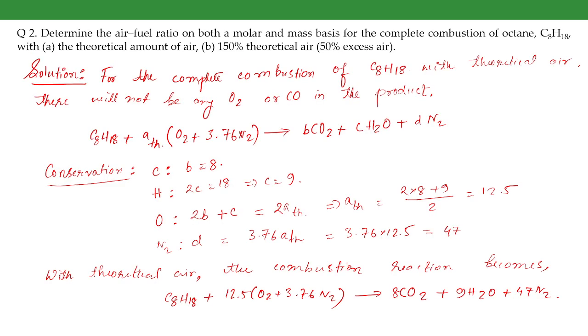Now the air fuel ratio on a molar basis. So there is 1 mole of fuel and the number of moles of oxygen is 12.5 and the number of moles of nitrogen is 12.5 multiplied by 3.76.